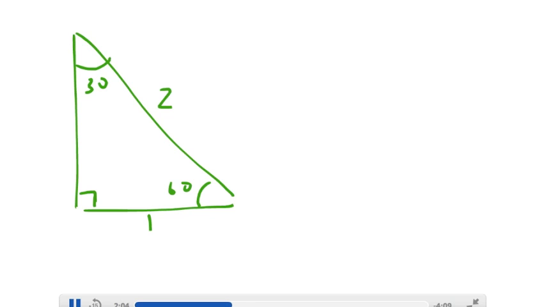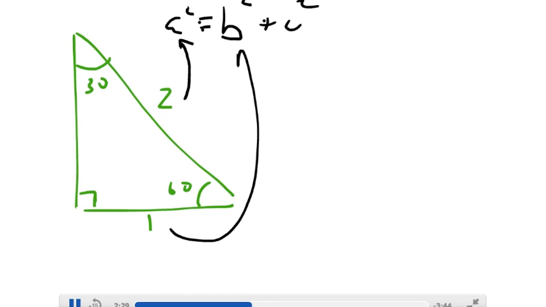We also know that we can do a squared equals b squared plus c squared. That's our friend the Pythagorean theorem from geometry. If this is a and this is b, then this c over here is how much?